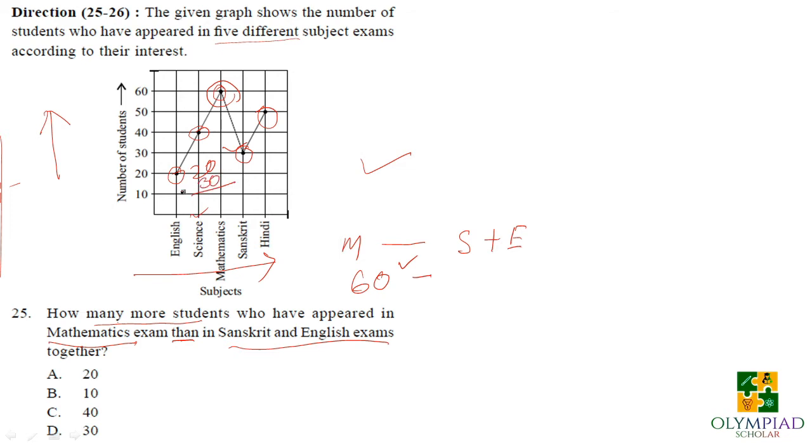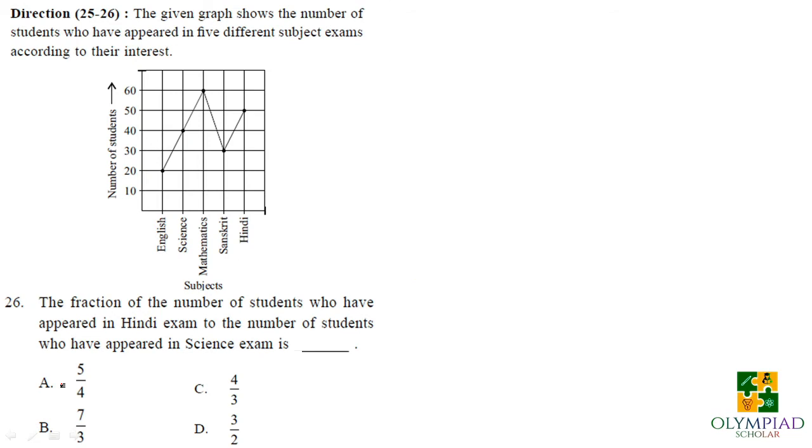So the number of students for Sanskrit and English together is 50. You can subtract 50 from here. The total number of students for Sanskrit and English is 50, and mathematics is exceeding this number by 10. So your answer is option B, 10.